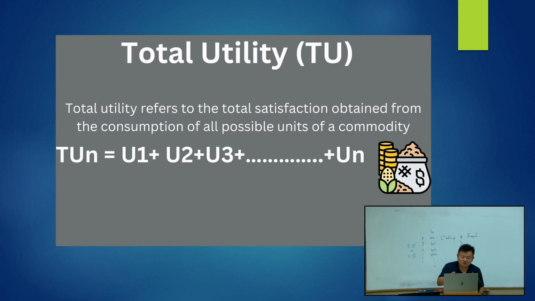So total utility is total utility 1 plus total utility 2 plus total utility n, where n is n times or n numbers.